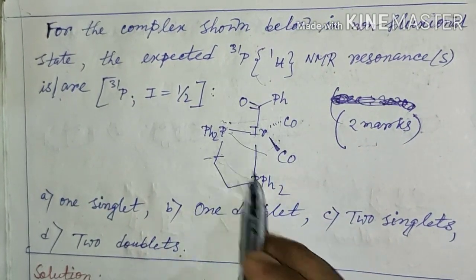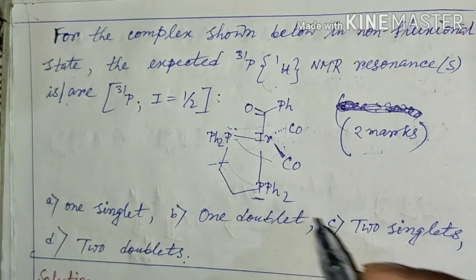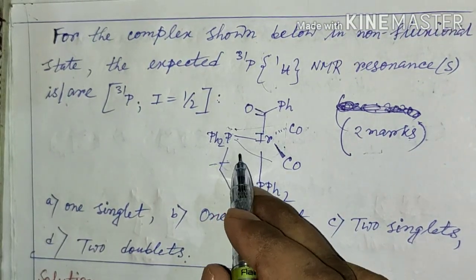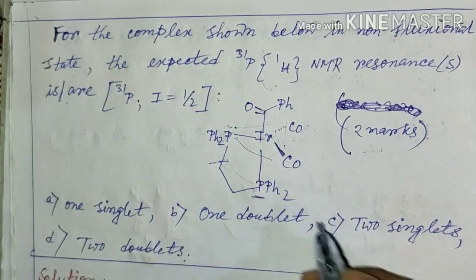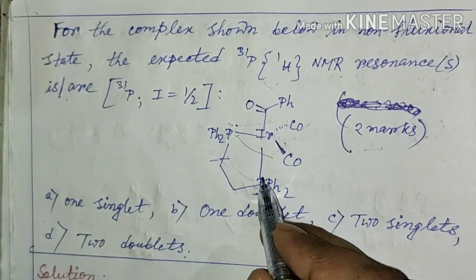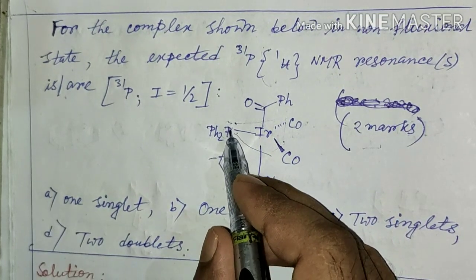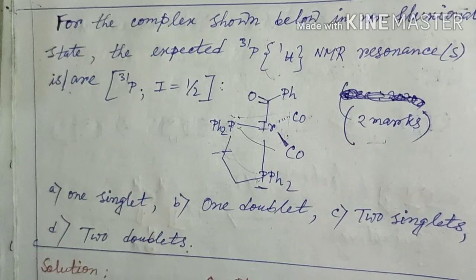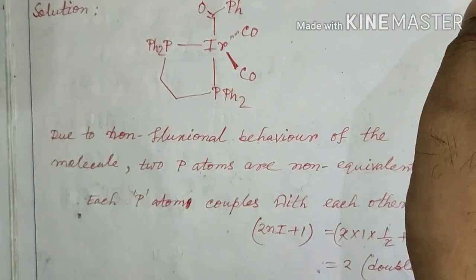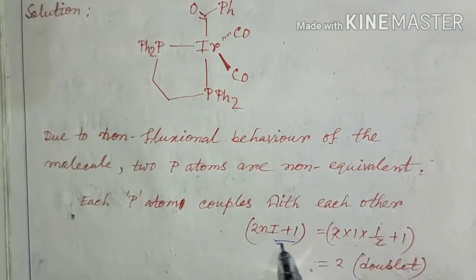That means the two phosphorus nuclei are in different chemical environments, and for this reason there will be 2 resonances corresponding to these 2 phosphorus nuclei. These 2 phosphorus nuclei will couple to each other, and this phosphorus nucleus will be split by the I value of the other phosphorus nucleus, according to the 2nI plus 1 rule.